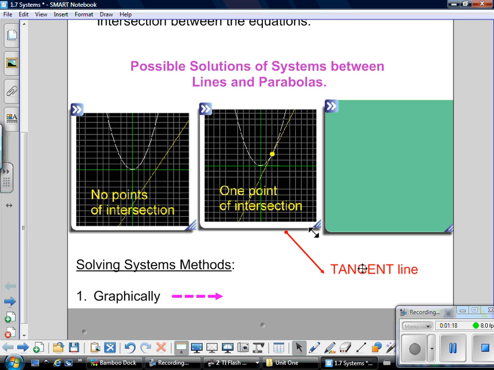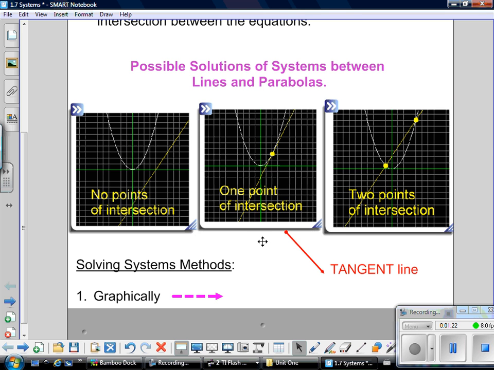And you'll talk more about tangent lines in grade 12. And the third kind is the line and the parabola intersect at two locations. So no intersection, one intersection, or two.